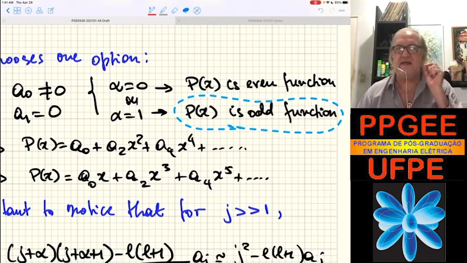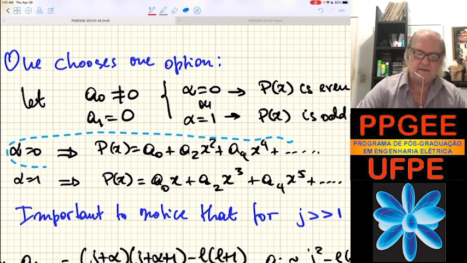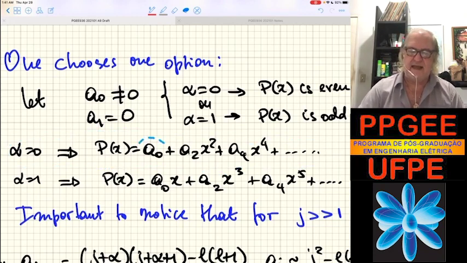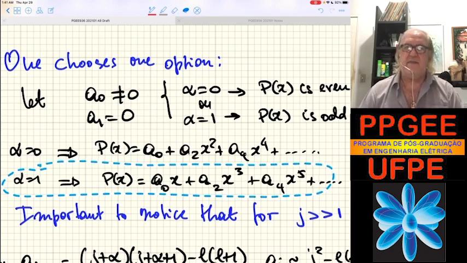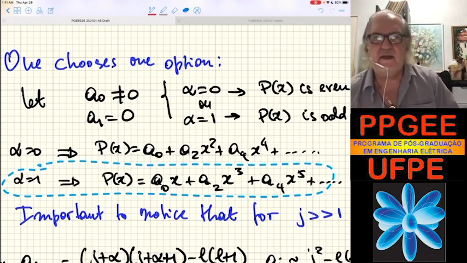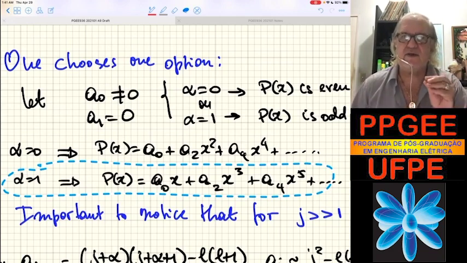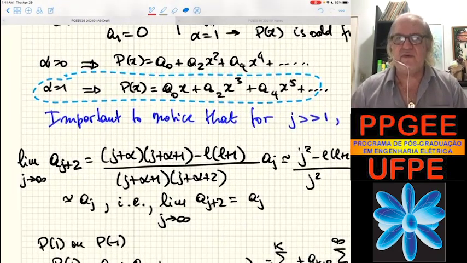Considering A0 not 0, we're going to have either even powers of x, starting at x raised to 0, or the other solution is odd powers of x. In other words, the two situations, and the choice of alpha determines the parity of the solution, okay? That's an important consideration that we have to examine.